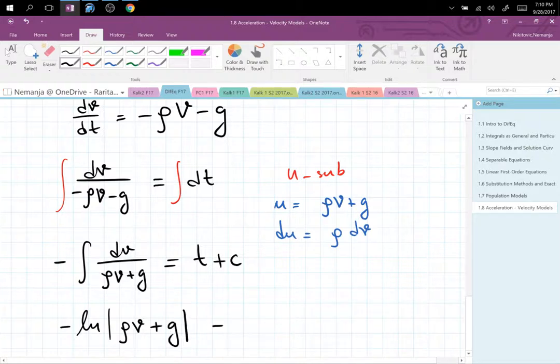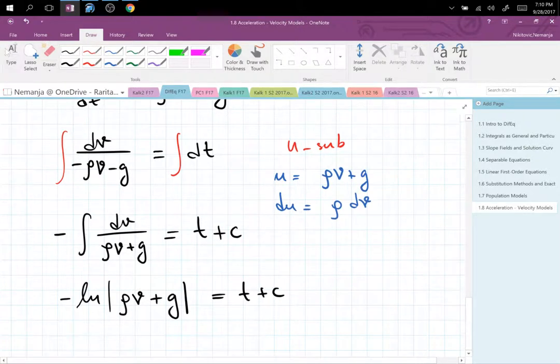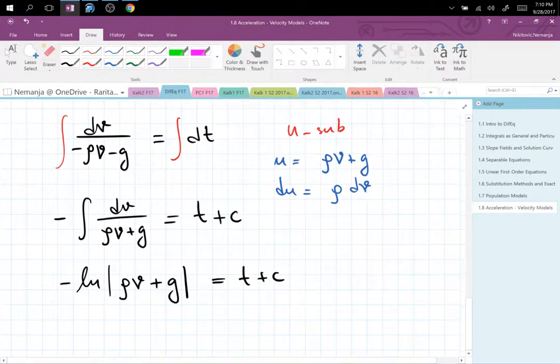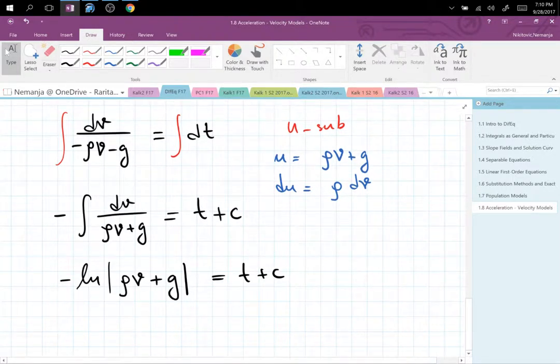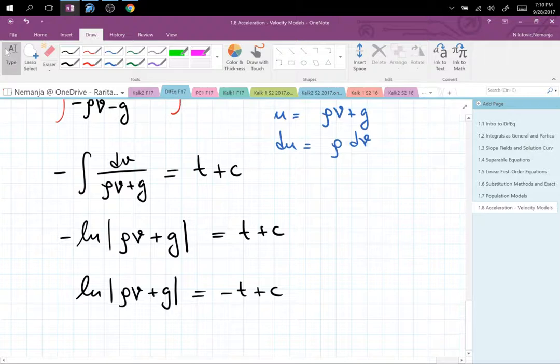There we go, equals t plus c. Now this negative can go to the other side of the equation. All right, it becomes negative t plus c. So ln of rho v plus g equals negative t plus c, at which point we exponentiate both sides.